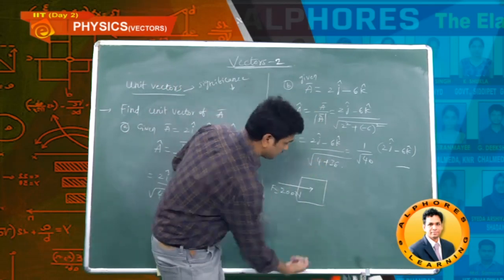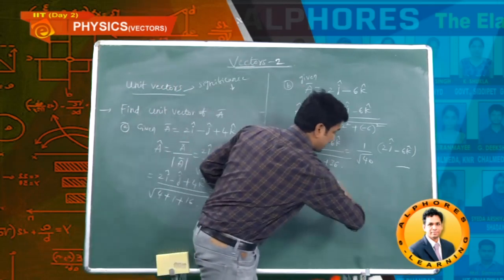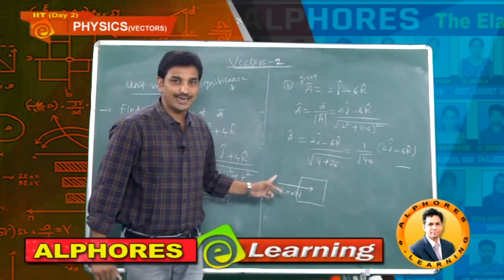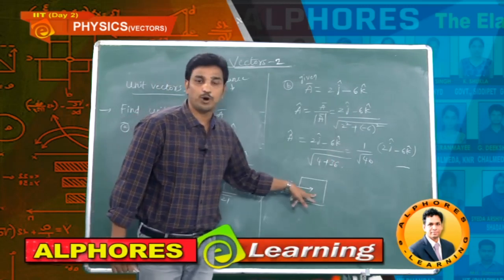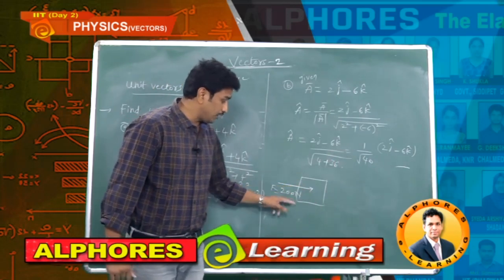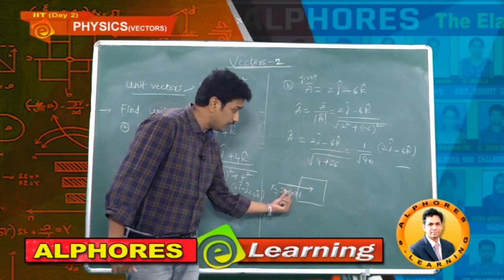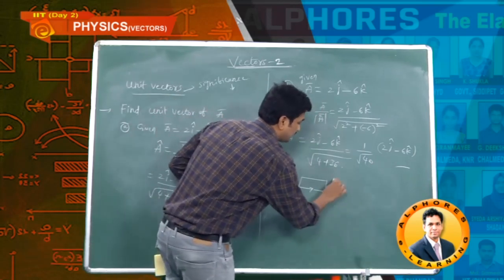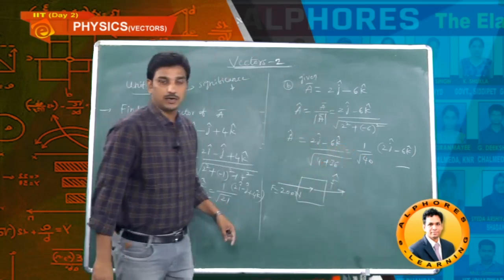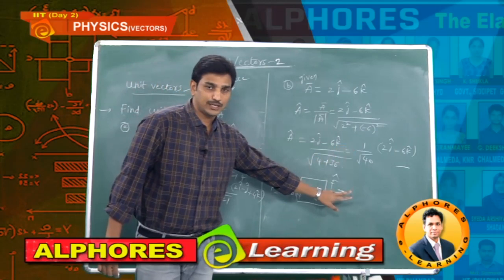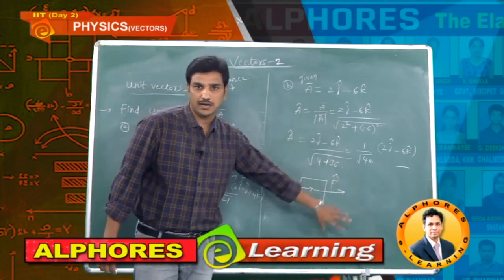This direction, this direction, or from this direction? Without knowing the direction, I cannot understand how this body is moving. So even though I know the value 200, I should know the direction of force. Unit vector F cap represents the direction of force. Force direction is indicated by a unit vector.